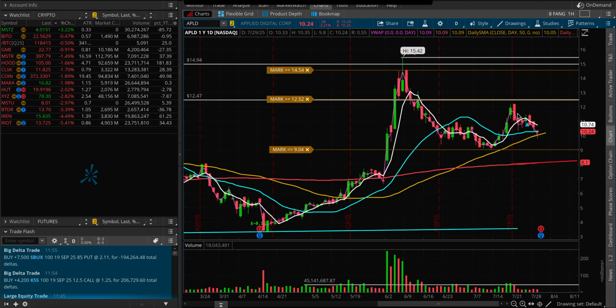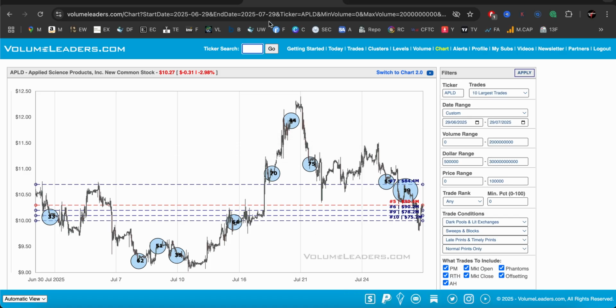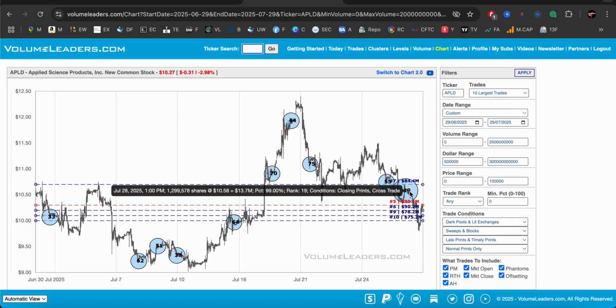If it clears these levels, I'll be watching it to the upside. If it goes back down, the buy area would be somewhere around the 200-day average, and maybe even this gap fill area around $7. Those are the two areas I would be watching. Volume is low, and I was looking at the volume leaders to see what's going on with the big orders. I'm not seeing too much.